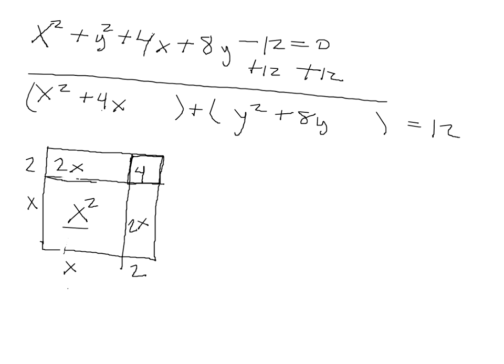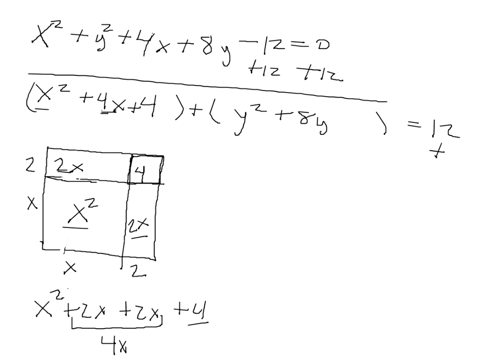So what have I got? I've got x squared, 2x and 2x, and then 4. These combine to give me 4x, which I have. So I have the x squared, I have the 4x, but I don't have the 4. So I'm going to add in the 4, but if I put it on the left side, I have to do it on the right as well.